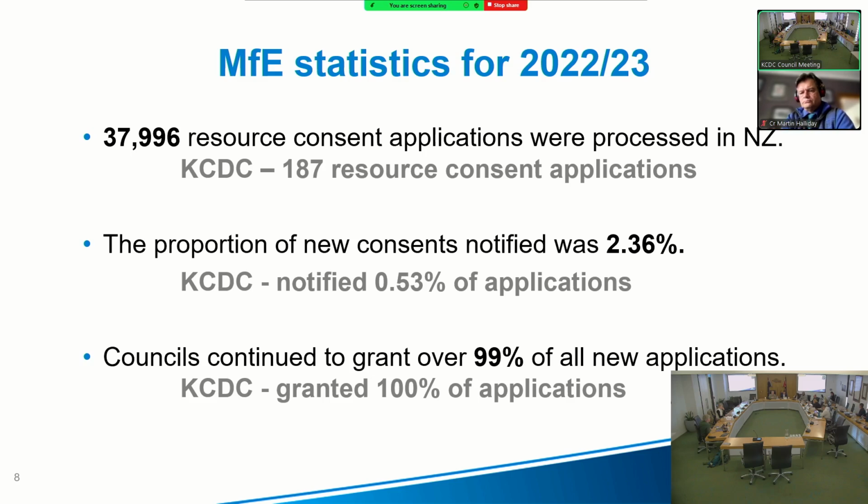Some of the instances where applications go on hold is that they provide us information as part of their package, and when we consult with our technical experts and our infrastructure team, part of the RFI requires them to do landscape visual assessments to assess the effect on the surroundings.